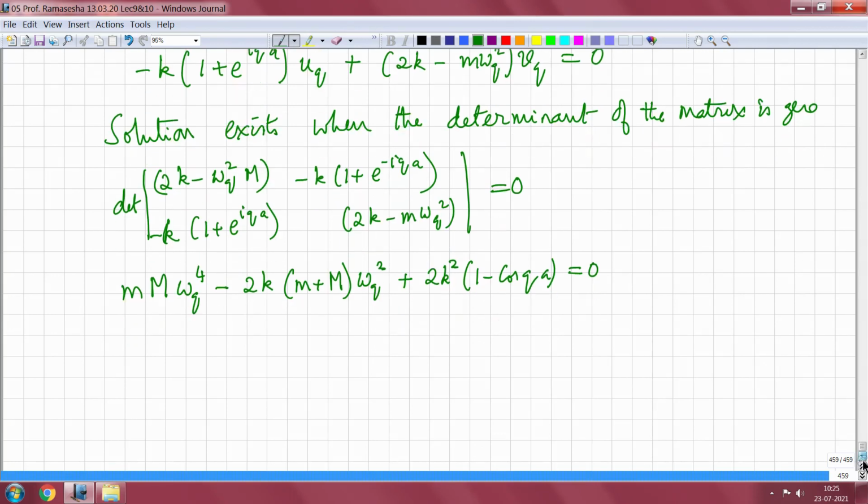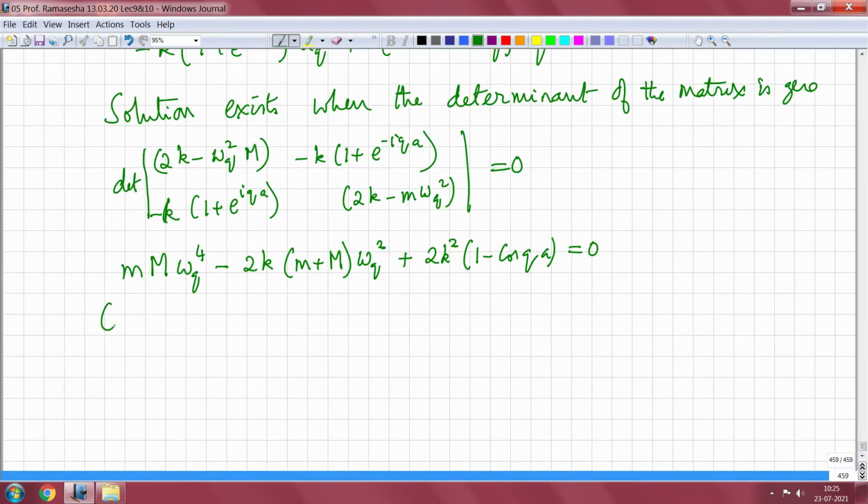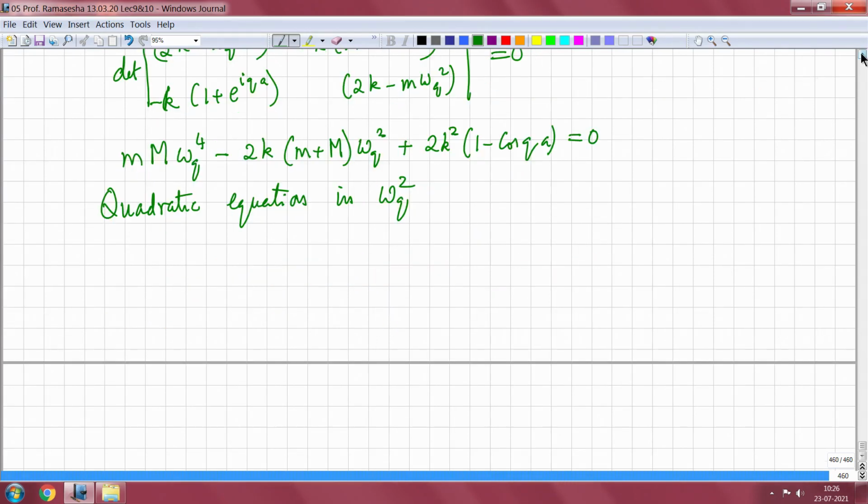This is a quadratic equation in omega q squared. But we will not write down the general solution like minus b plus minus square root of b squared minus 4ac by 2a. On the other hand, we will try to work out what the solutions are in the two cases.